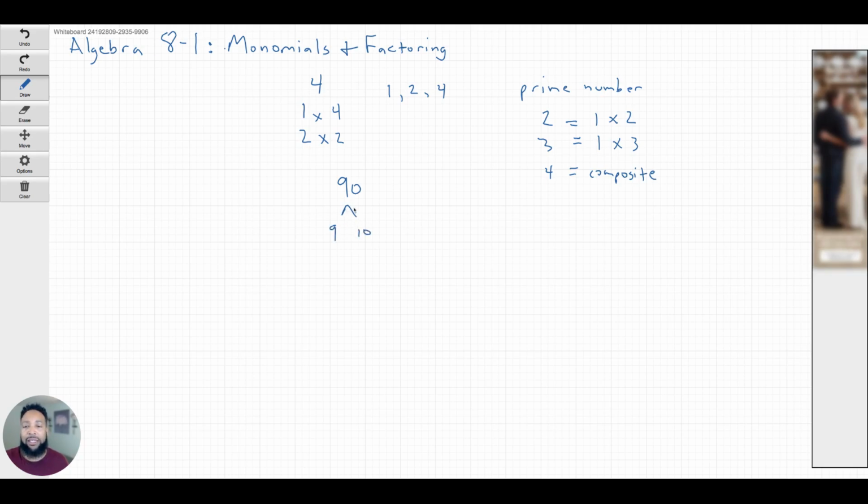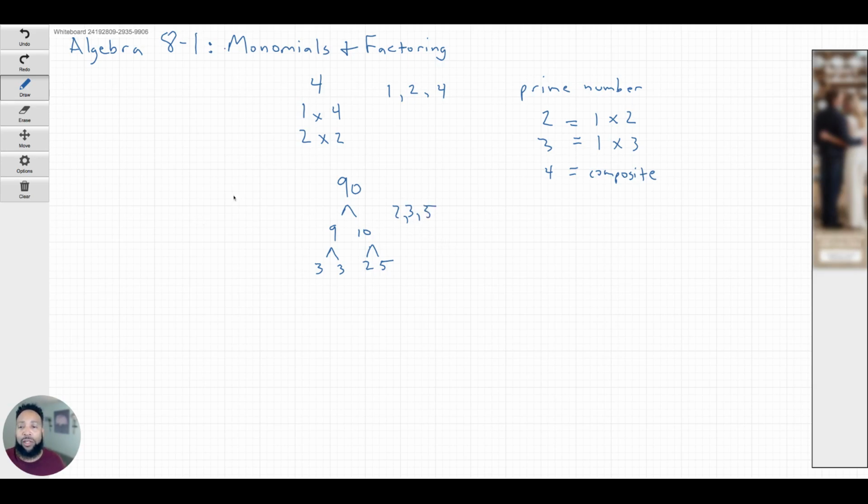And this is a factor tree where we basically write a caret and break those numbers down. So 90 is 9 times 10. So with 9, you have 3 times 3. And with 10, you have 2 times 5. So the prime factors of 90 are 2, 3, and 5.